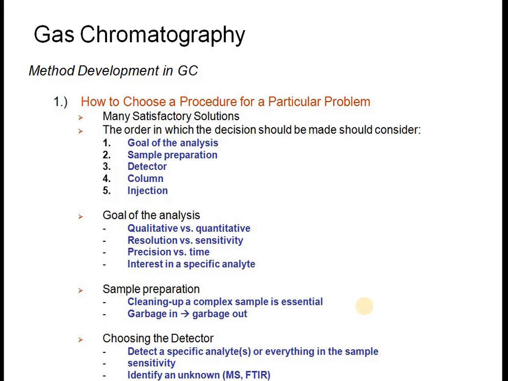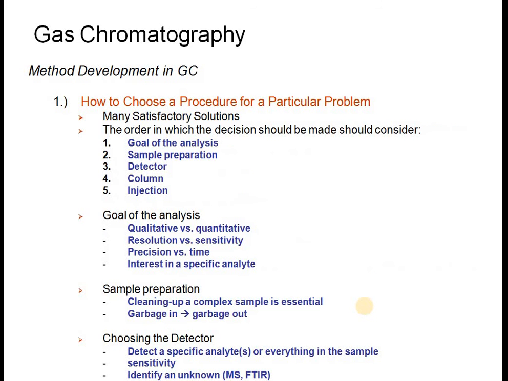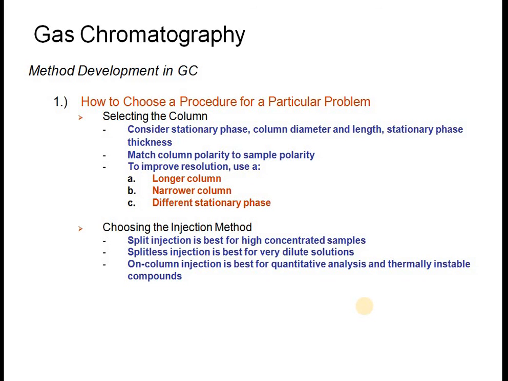Sample preparation: cleaning up a complex sample is essential; garbage in, garbage out. Choosing the detector: detect specific analytes or everything in the sample, sensitivity, identify the unknown with MS or FTIR.